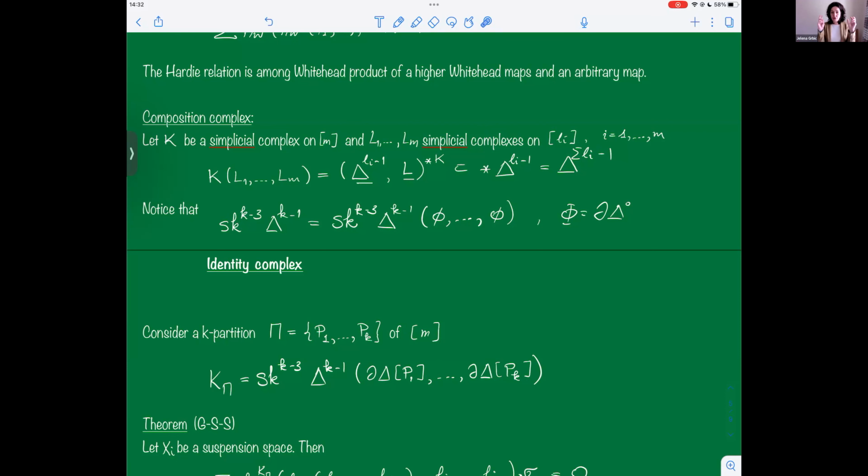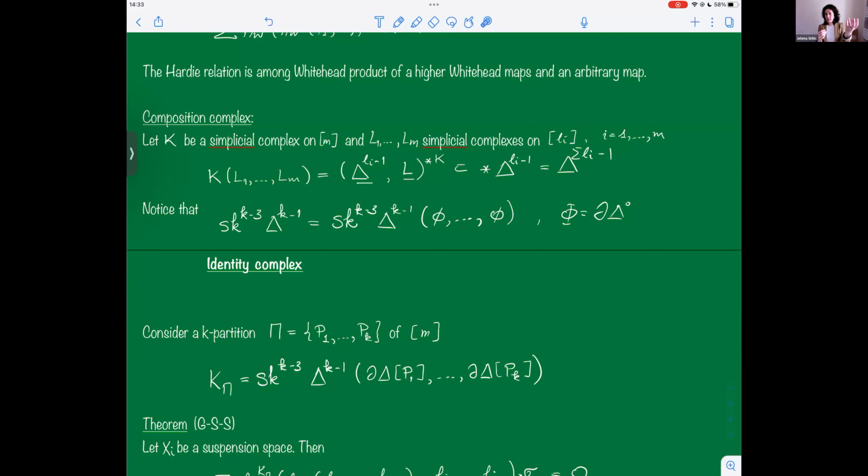This joint polyhedral product is defined the same way as a polyhedral product, and the composition complex is a special case of it in which we take pairs of simplicial complexes.